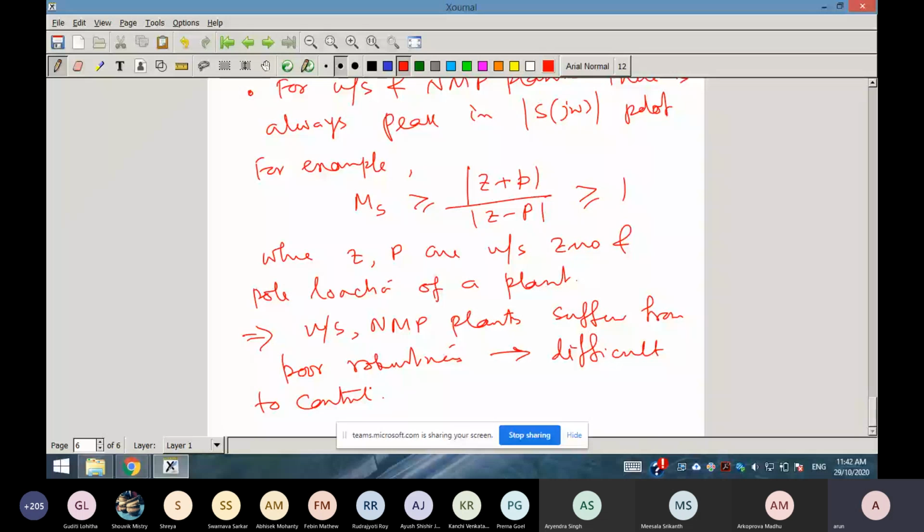Okay, now just one example we will consider. As I said, gain margin and phase margin are not enough. One such case is where gain margin and phase margin are good, but the system has very poor robustness, because its Ms is high. One simple example I will tell you is that of a flexible structure.